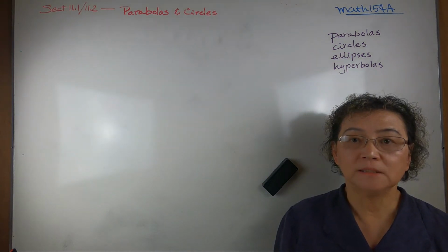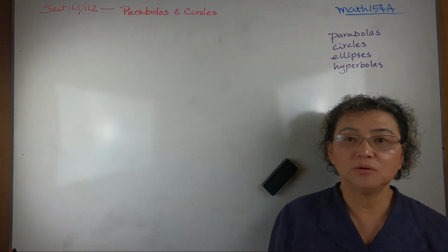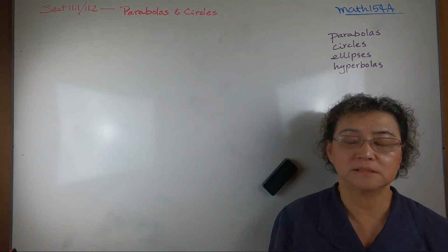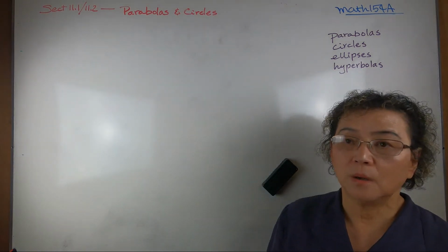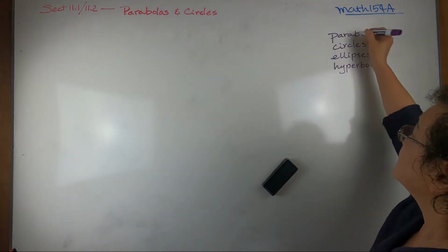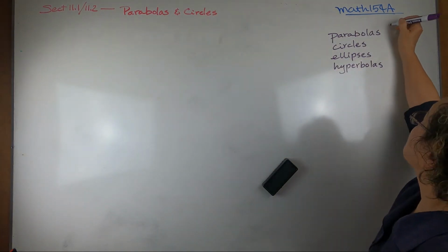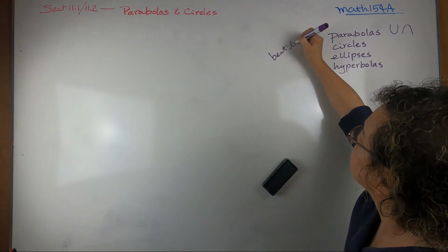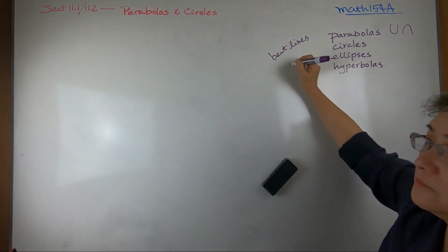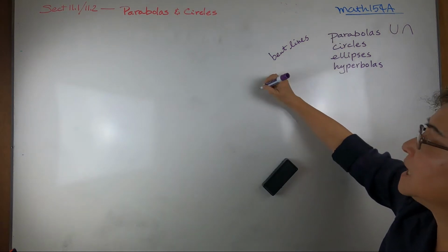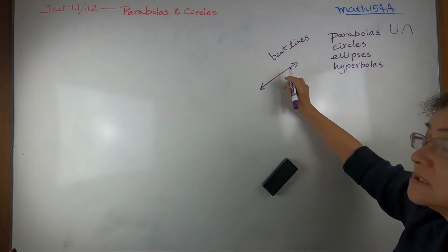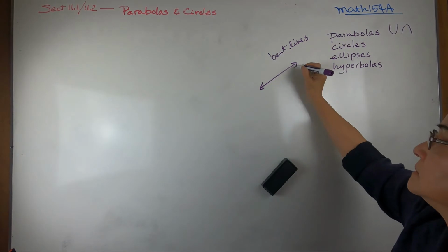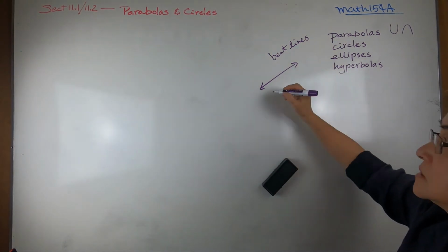Let's go back to the first thing we are learning in this class. Okay, so we did parabolas, right? So we are learning what? Bend the lines. So for your 152A class, you learn the simplest thing in the universe, right?